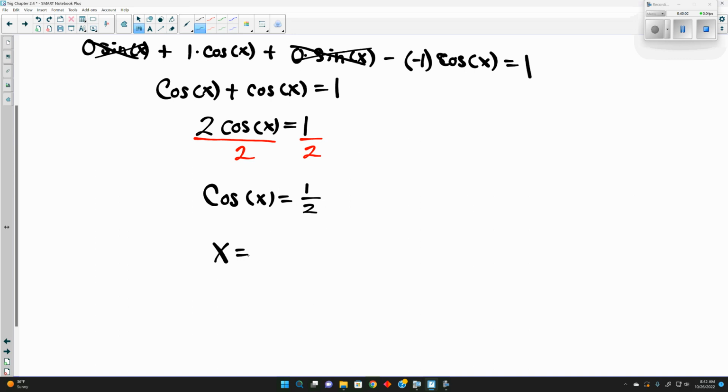Now at this point, we can look at the unit circle to see where cosine is 1/2, or take cosine inverse to determine where it's 1/2, which is going to be pi over 3 or 5 pi over 3.